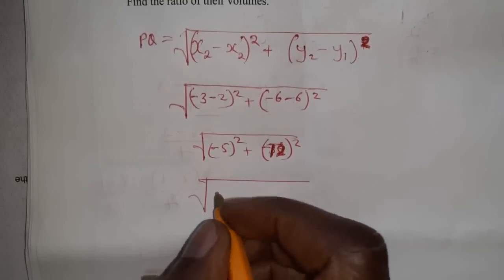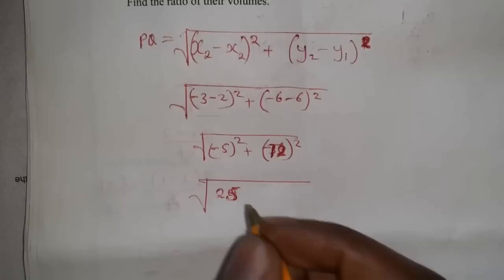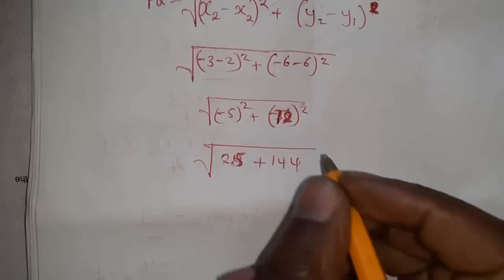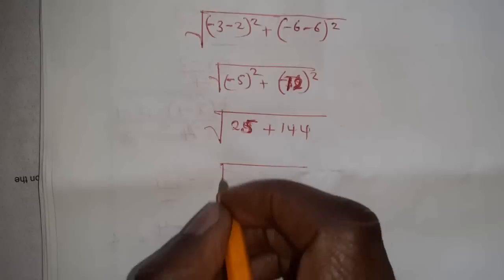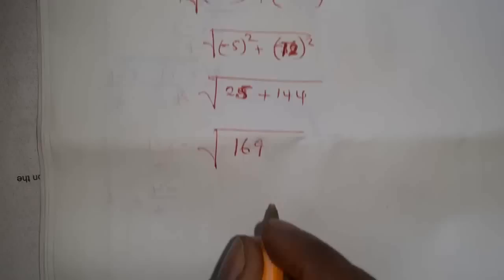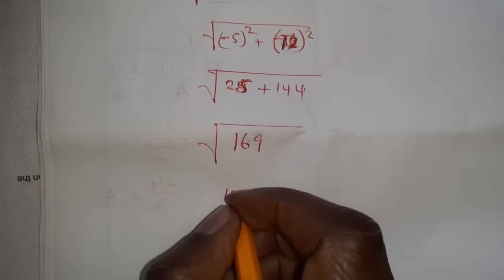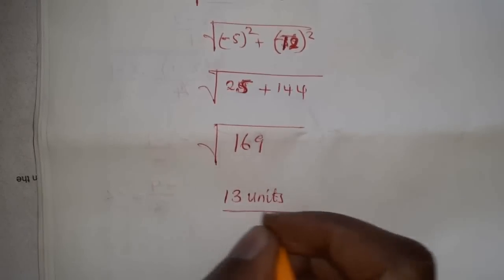So this is going to be what? 25 plus 144. When we add this, what do we get? 169. The square root is what? 13 units.